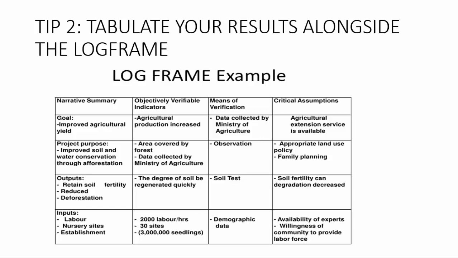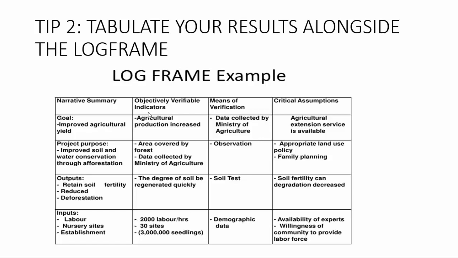Then the objectively verifiable indicators are, of course, the agriculture production increased. The way they frame this indicator is not the right way, okay? But I'm just using it as an example. The right way is actually just to say level of productivity, because what they've done here is give you direction. That's not how an indicator should be framed. It should be neutral because it can go either positive or negative.